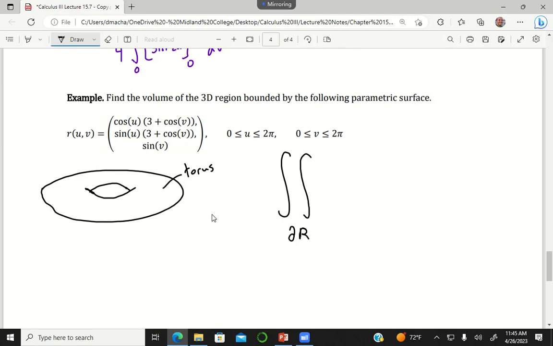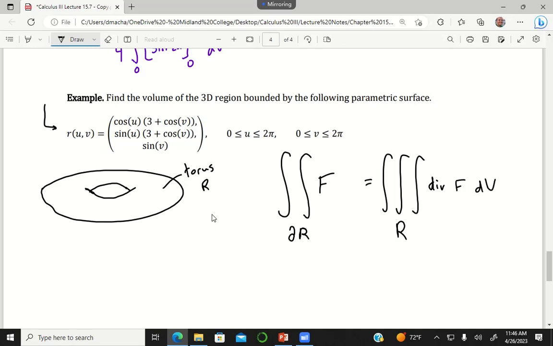I'm going to call this torus R. If I take the surface integral over the whole boundary of this torus, and I know what the surface is as a parametric surface already, of some vector field f, this would be equal to the triple integral over the region itself, like the interior of the torus, of the divergence of f.